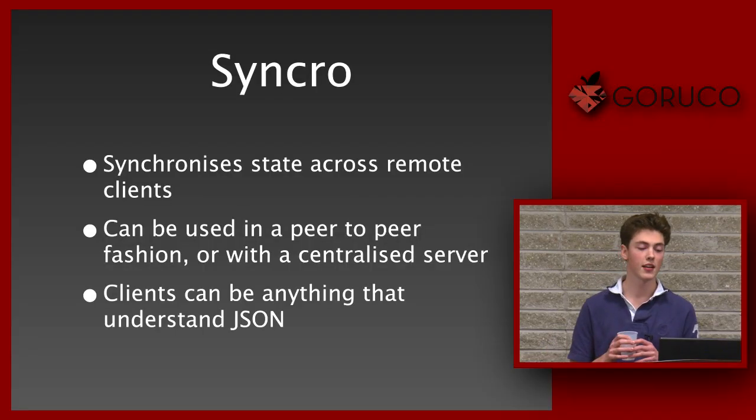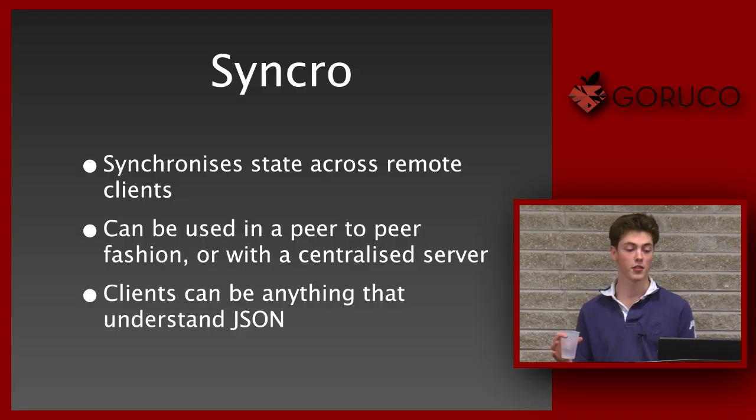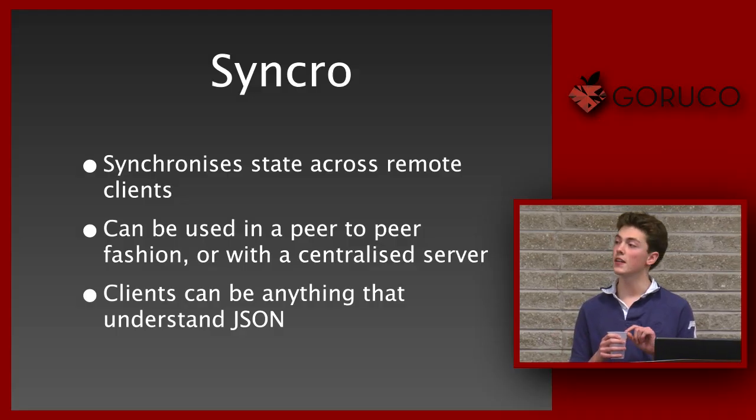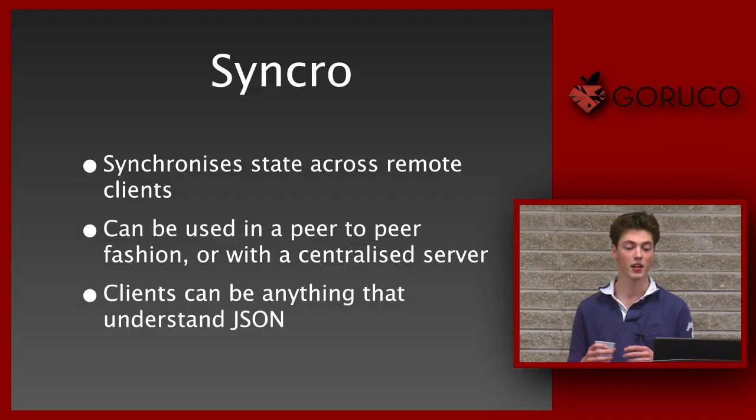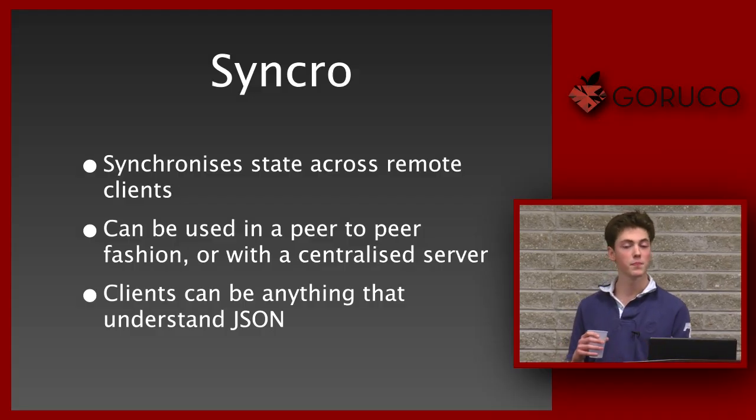It synchronizes state across remote clients. If you've got two models, you can synchronize state across them. It's built in a peer-to-peer fashion, but you can use it with a centralized server, but the server is just another client. And this is important.